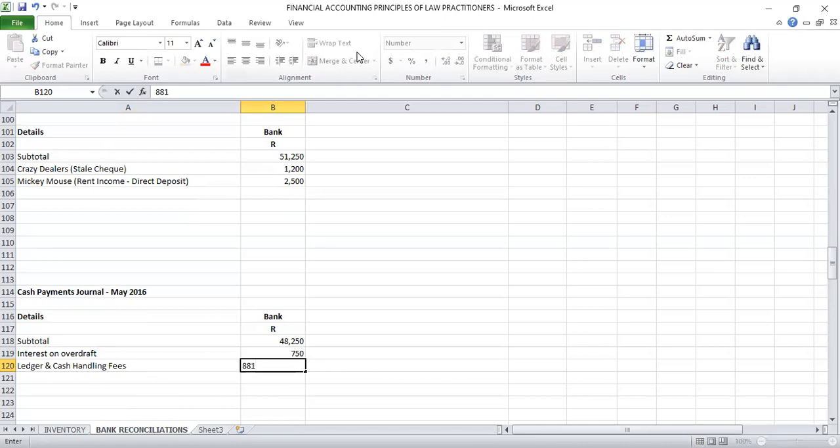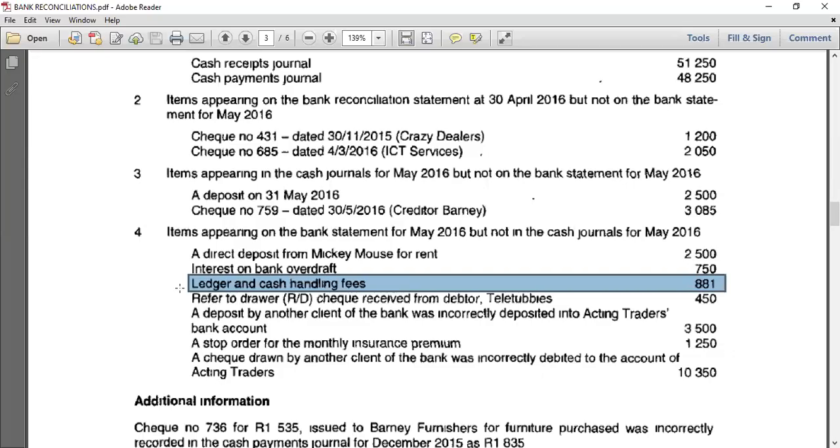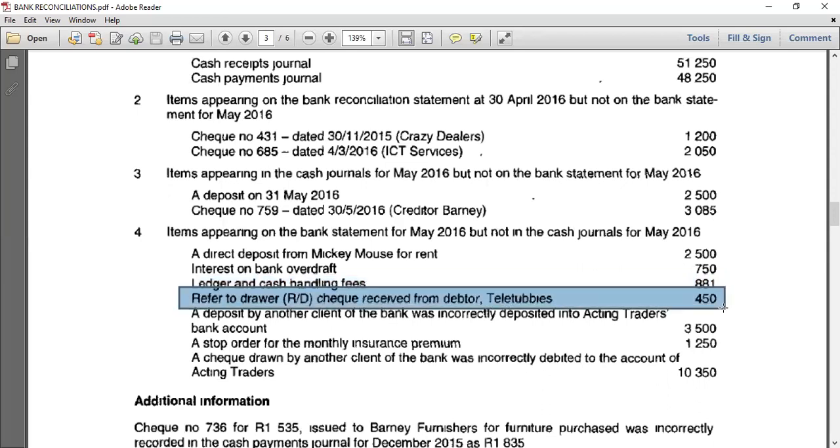Right. Then we have refer to drawer check received from Teletubbies. When they say refer to drawer, that's a dishonored check. That means we received a check from Teletubbies, but the bank has rejected the check. We call it a dishonored check. So that receipt has to be reversed. So we record it in the payments.